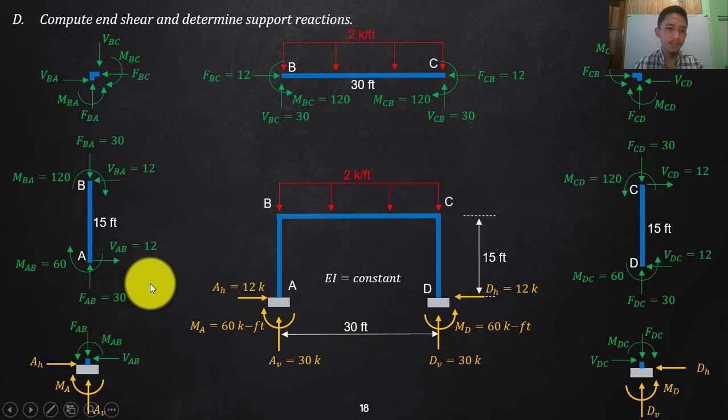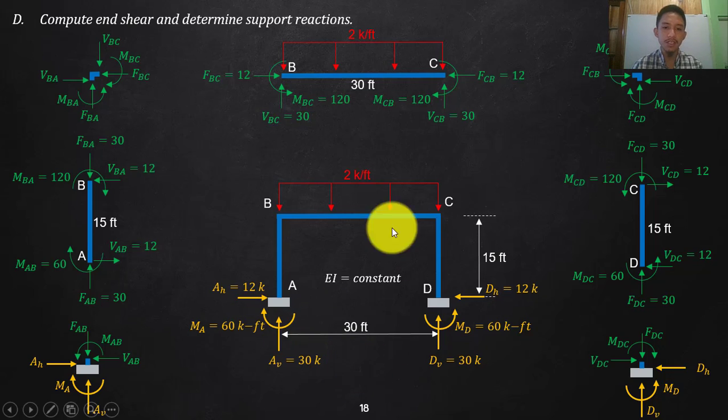So if I transfer, since this is already complete, you have your moment, shear, and axial. That moment is clockwise, it will go counterclockwise, so MA is clockwise. So my assumptions are correct. Again, if you cannot predict in the first place the correct direction, the only difference is that you will end up with a negative, which is okay.